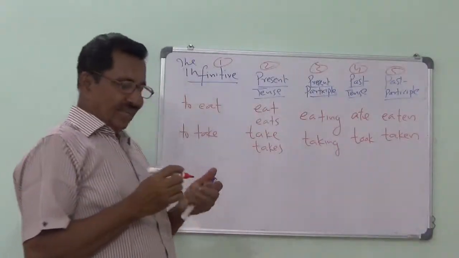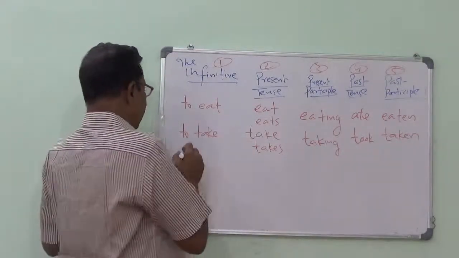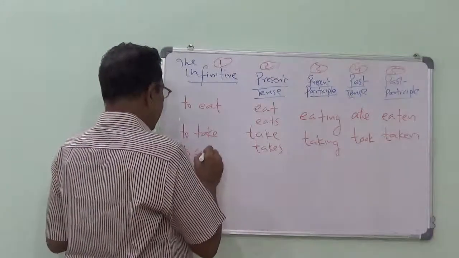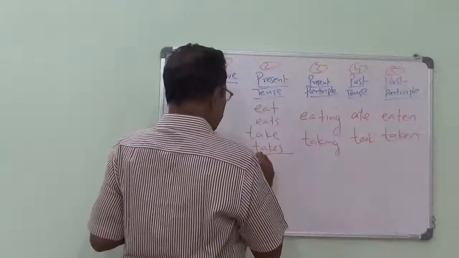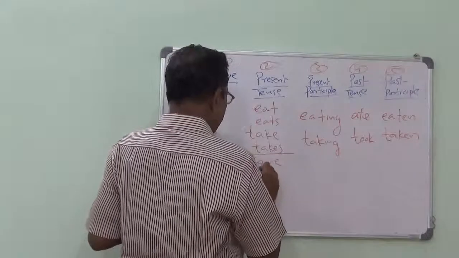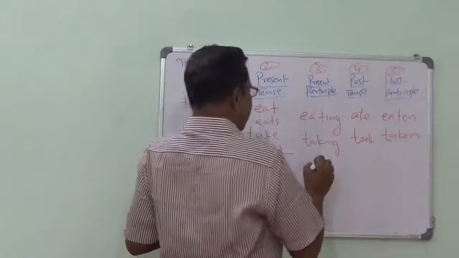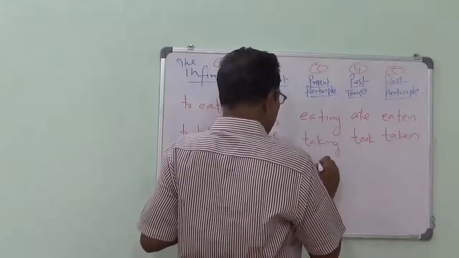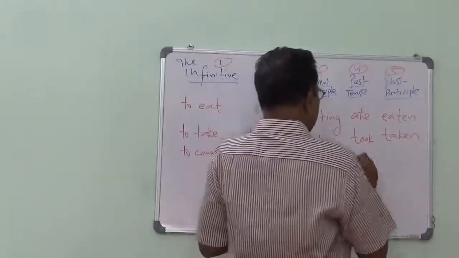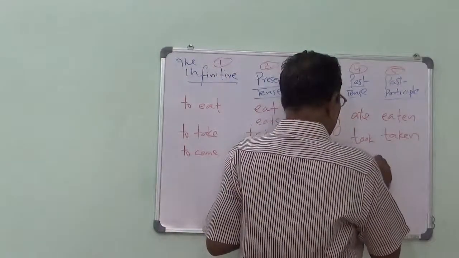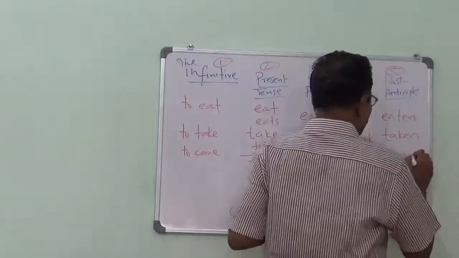Then we have another simple word, to come. Present forms are come and comes. Present participle coming. Past tense came. And past participle is come.